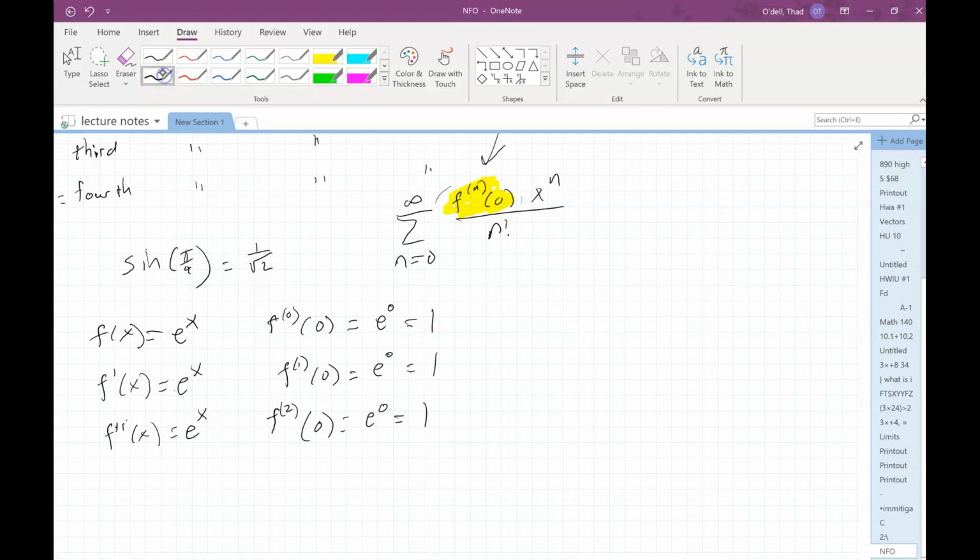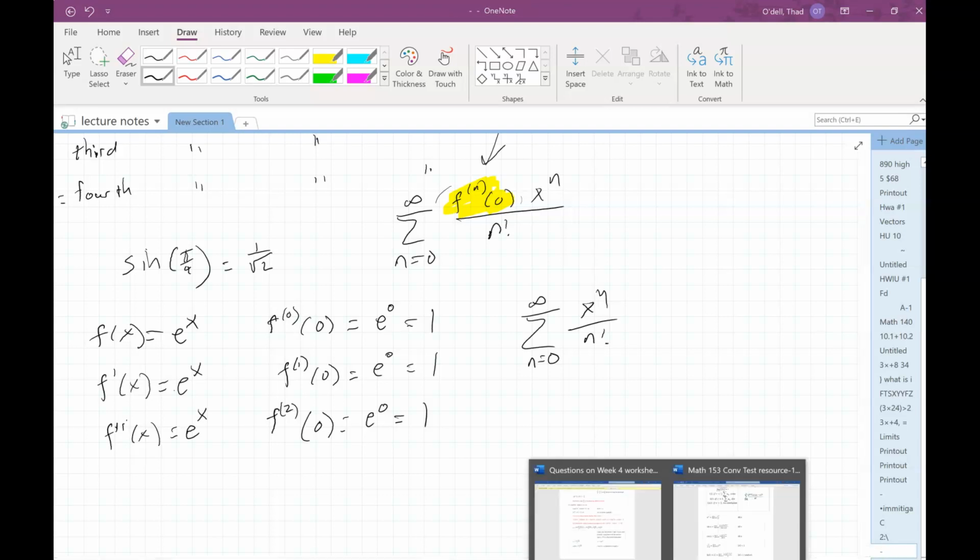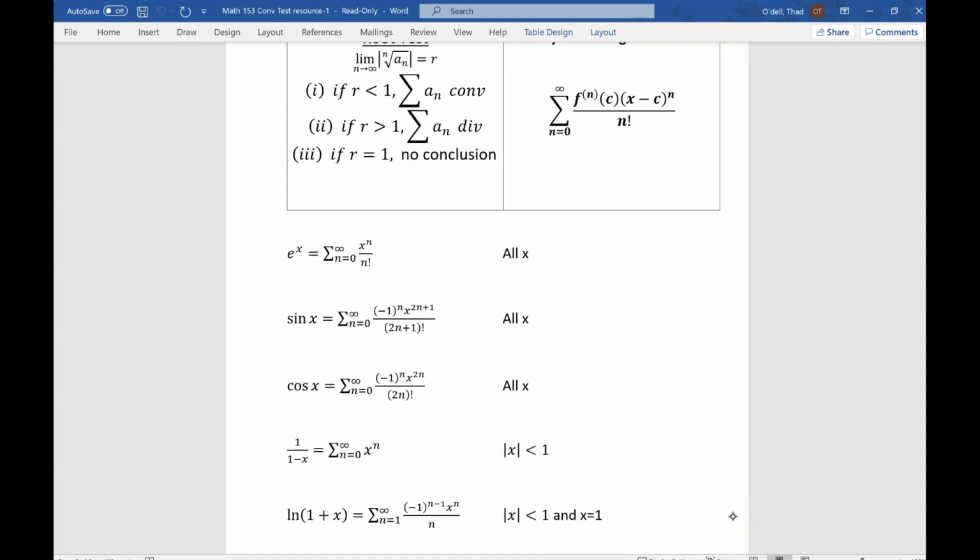So then we can write the Maclaurin series for e to the x as just the sum of x to the n over n factorial. And if you look at your help sheet I have right here, notice that's exactly what it is. You can see that right there.